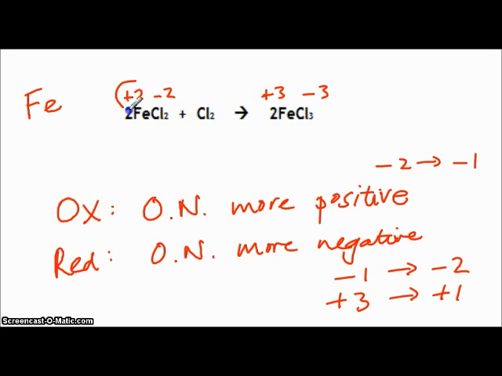So iron on this side's gone from +2 to +3 on this side, and if we have a look at our definitions, +2 to +3 oxidation numbers become more positive, and therefore iron in this case has been oxidized.